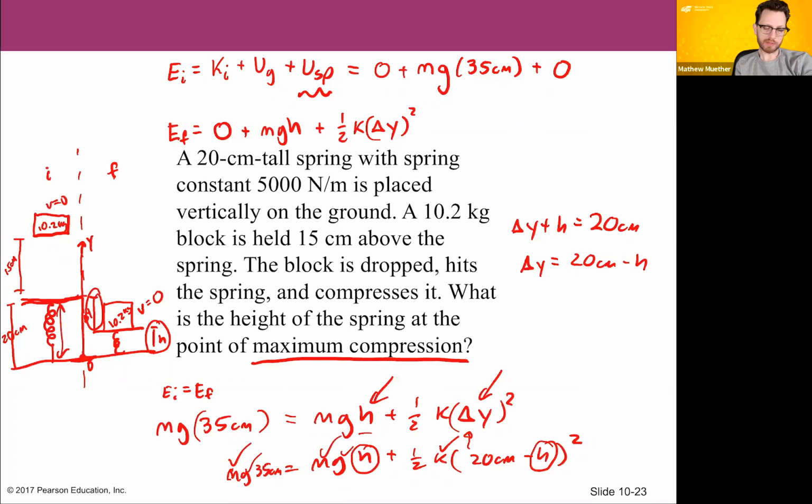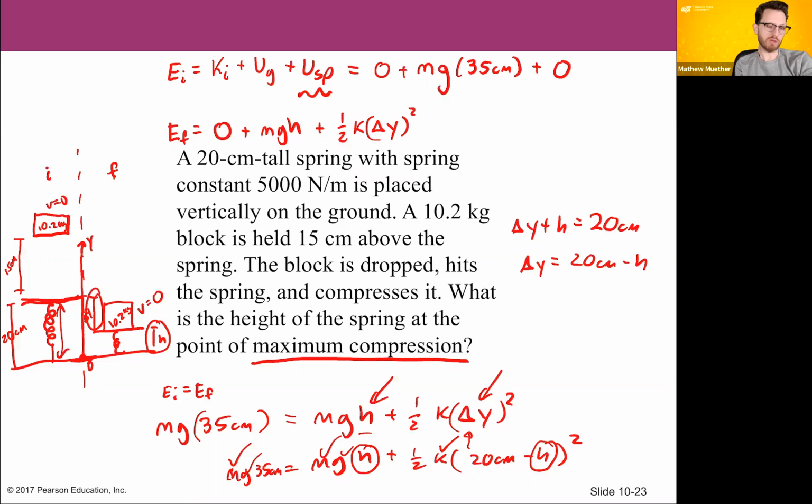So I'm going to end up with something that's going to be a quadratic expression with respect to h, but I should be able to solve for a solution here, right? Now it's going to be a quadratic expression, so you're going to end up with two possible solutions for h here.